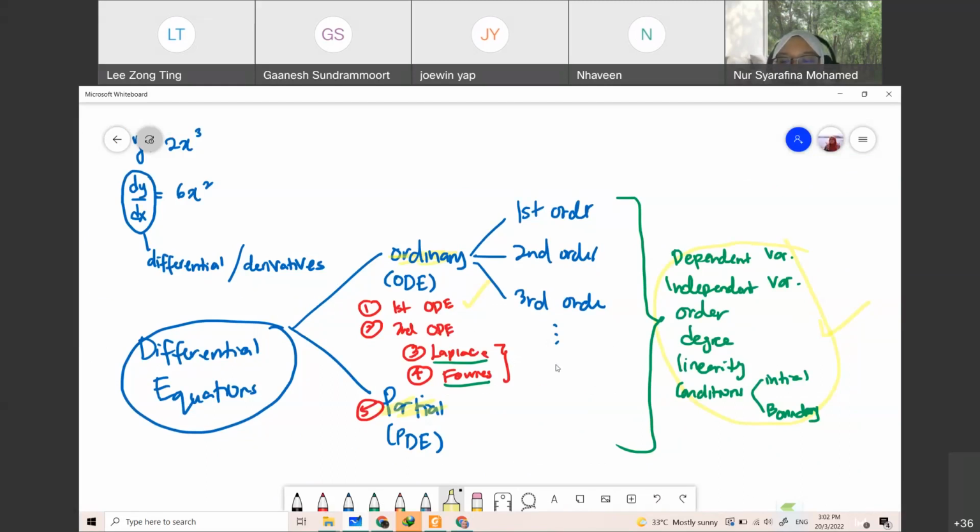I am using only one hour for today's lecture, just to briefly explain the basic definitions and terminologies of differential equations. Once you understand all of this, it is quite easy to proceed with finding solutions.